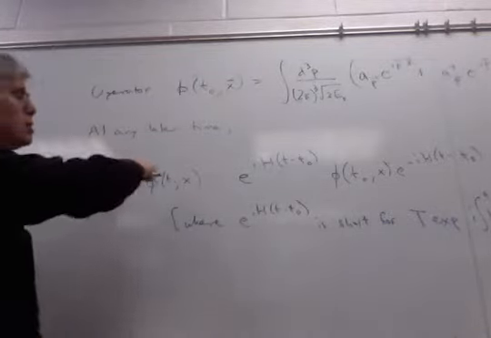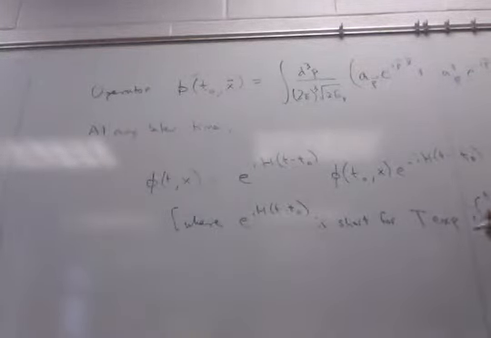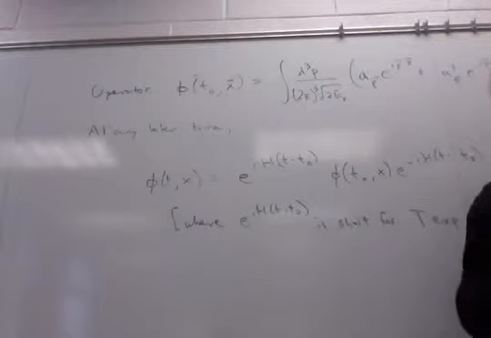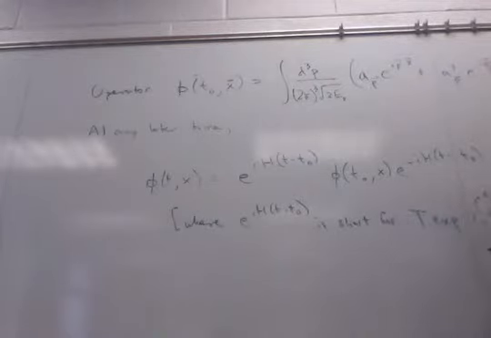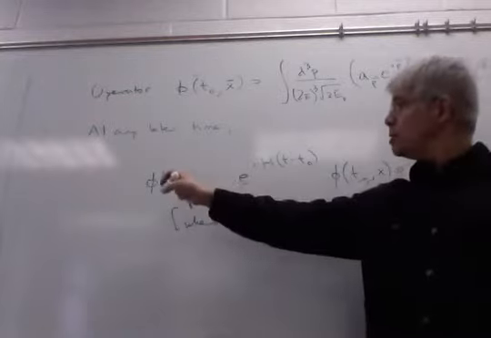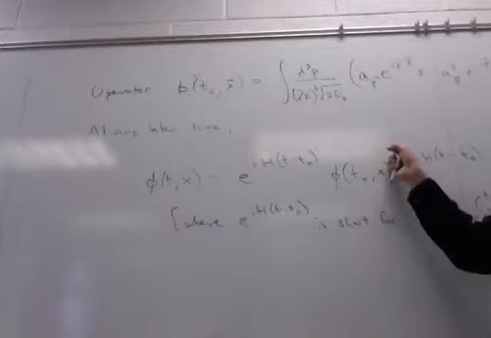okay. So now I've done what I said I wanted to do. I expressed the vacuum at later times, the interacting vacuum, in terms of the free vacuum, and this is a fully interacting field here, and I've expressed it in terms of a free field there. Okay.